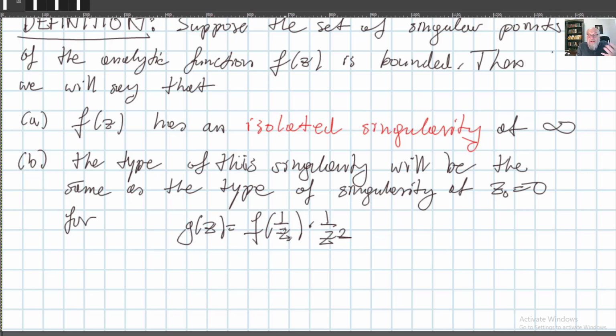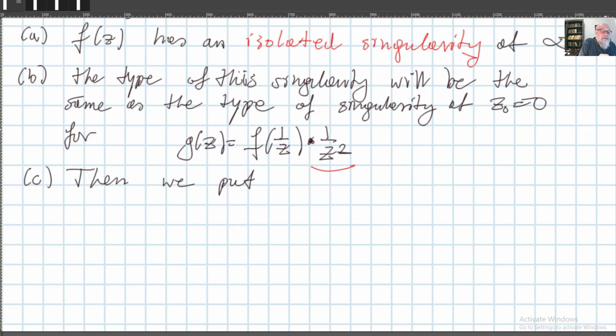So the type, you look at that function, you say, oh, it's a pole, oh, it's a removable singularity. But it is not exactly f of 1 over z, it is also multiplied by this particular factor, so it has to be emphasized. So we also have, let me put it in red, the residue of f of z at infinity.